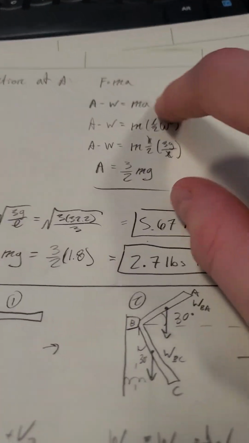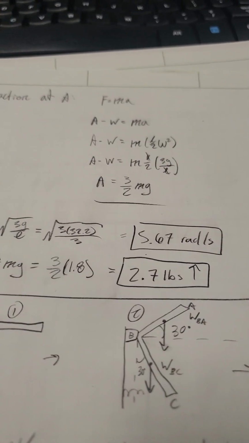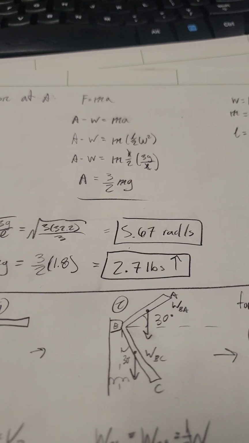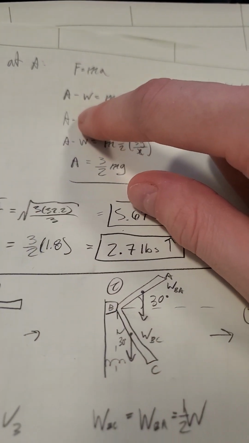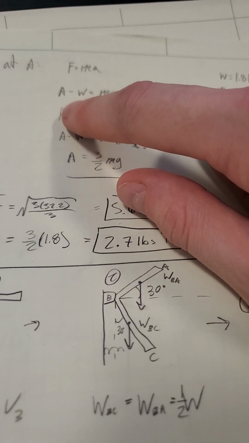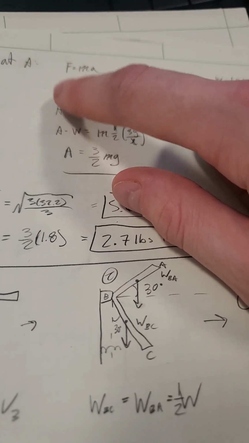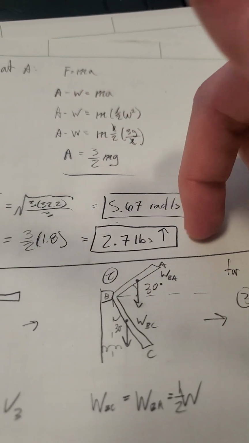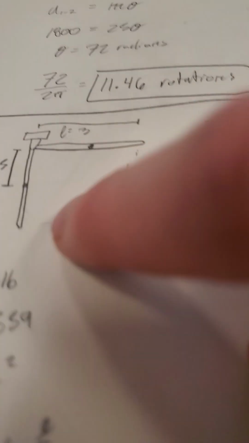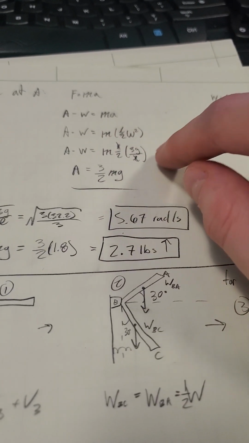that way. And then for the reaction, we actually are just going to use the kinetic equation, force equals mass times acceleration. So we know that the force at A, this is for the reaction at A, minus the weight, because the weight is essentially pulling it down, is going to equal the mass times the acceleration.